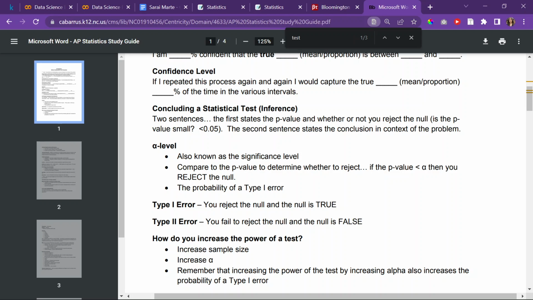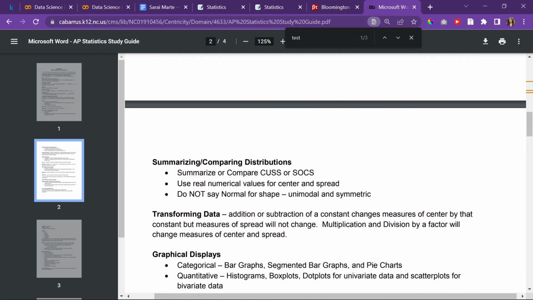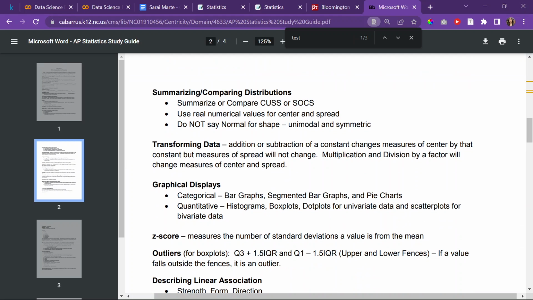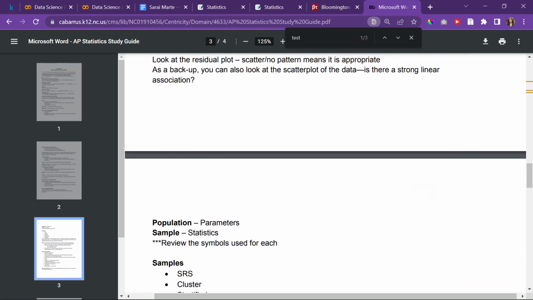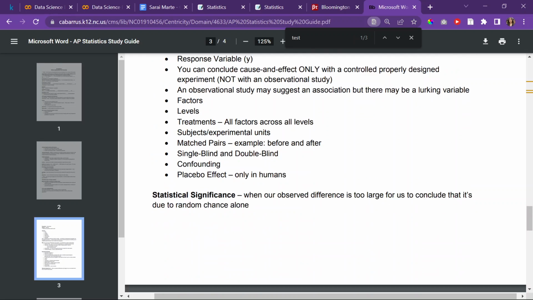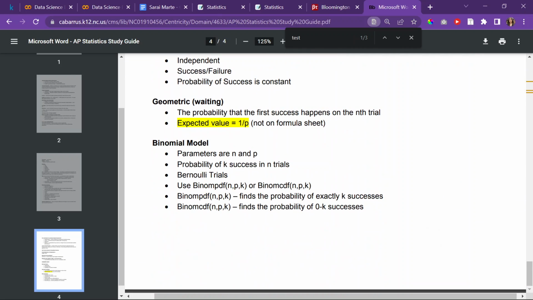But I don't want the p-value. We always interpret the p-value, but what about the test statistic?